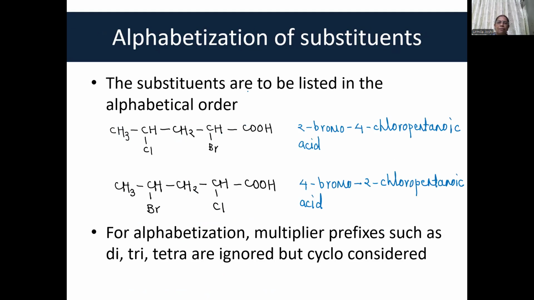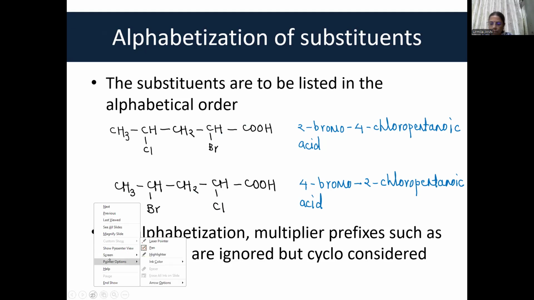Now, alphabetization of substituents. As I mentioned, the substituents are to be listed in alphabetical order, but numbering is not necessarily alphabetical order, it is the lower number. For example, look at this carboxylic acid.